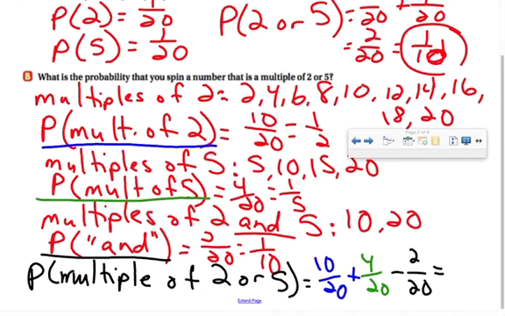And when I simplify that all out, I have 12 over 20, which reduces to 3/5.